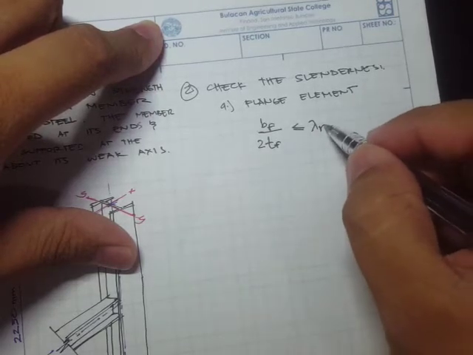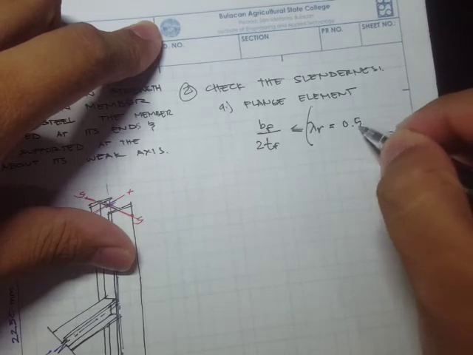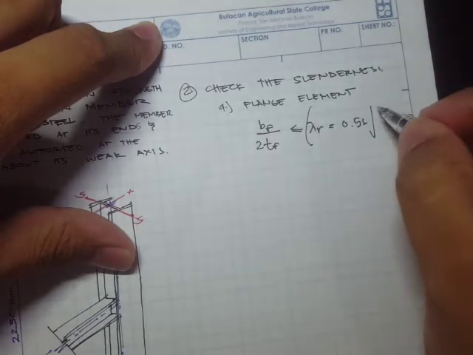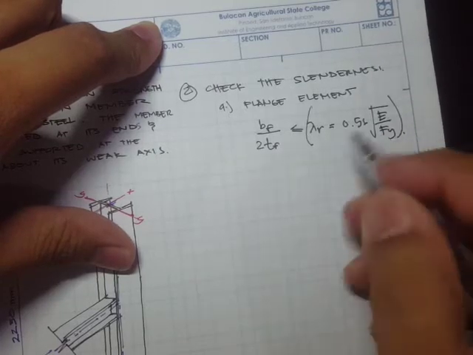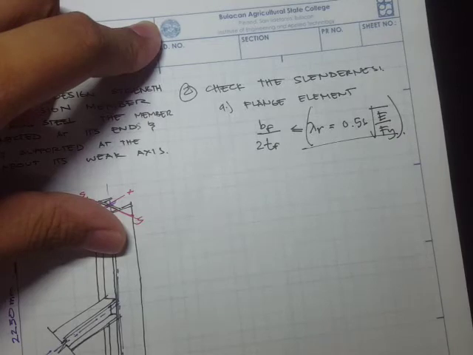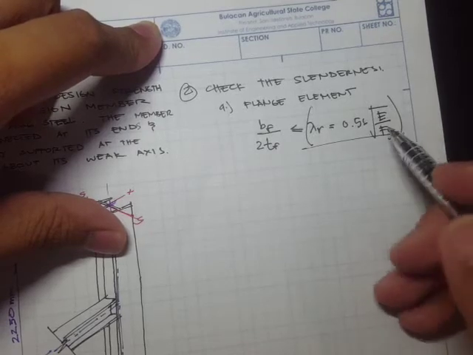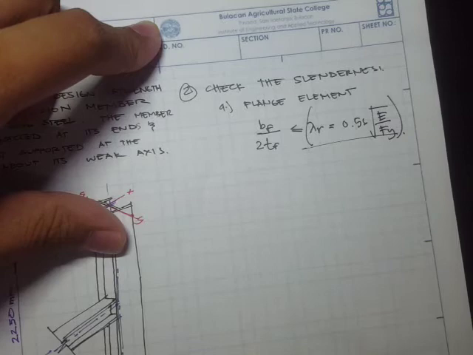This one is equal to 0.56 square root of E over Fy. You can find this in the table in our lecture handouts, and that's how we determine if we have a slender element.